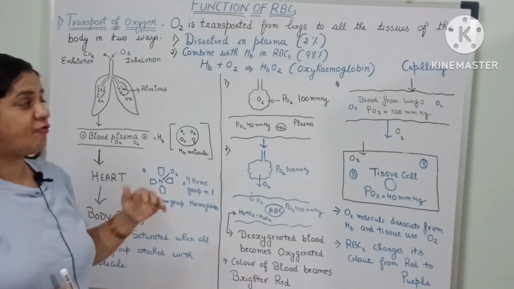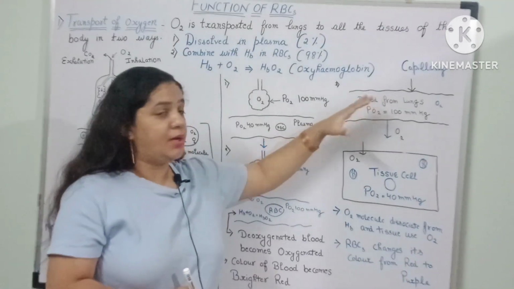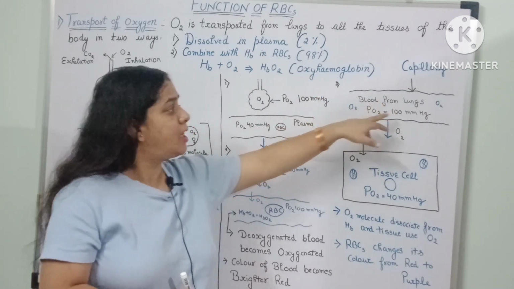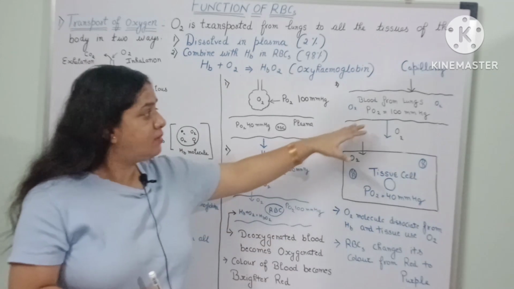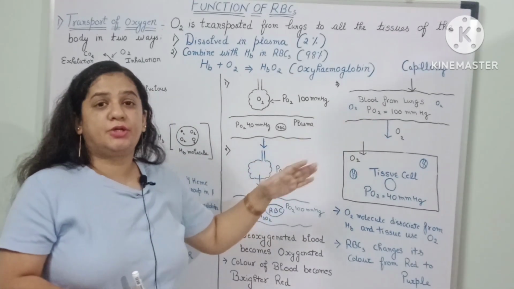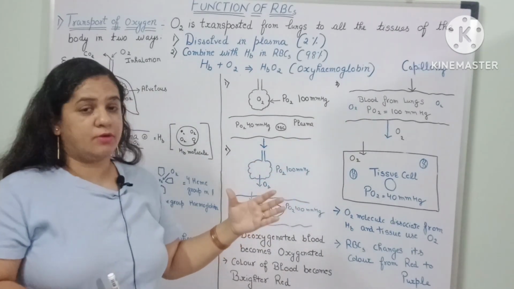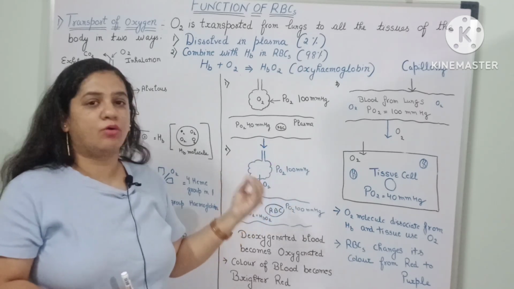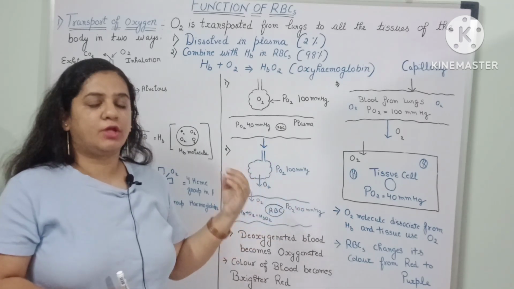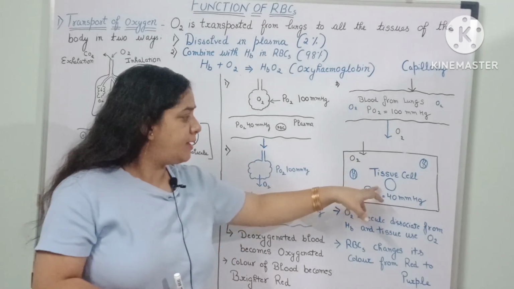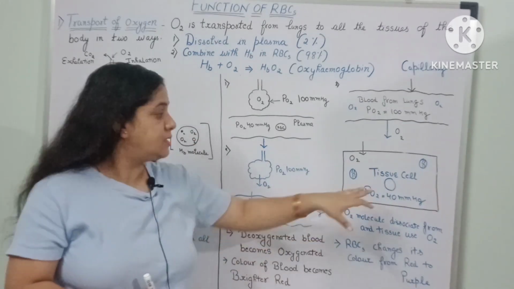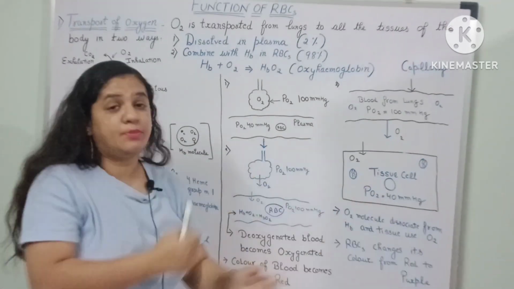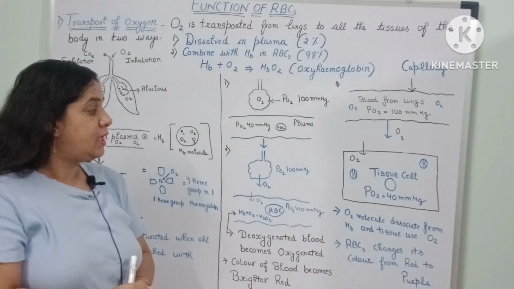So what will happen after that? When this oxygenated blood, where the partial pressure of oxygen is 100 mmHg, goes to the tissues, the tissues need oxygen for the oxidation of food, for giving out energy. In the tissue cells the partial pressure of oxygen is only 40 mmHg.